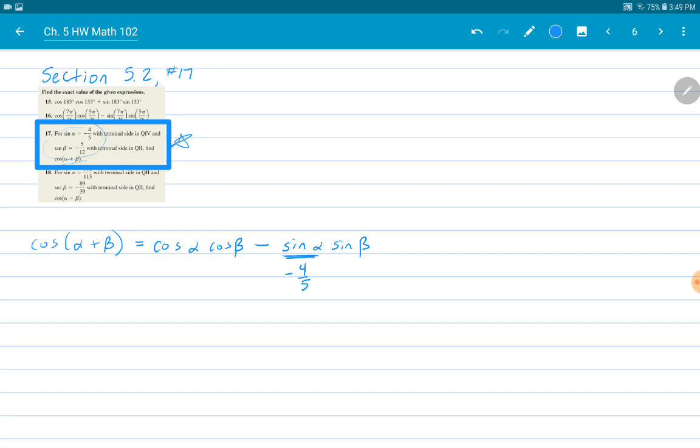So let's start with alpha. It says it's in quadrant 4, so that's a triangle that's oriented like so. So my y is negative 4 and my r is 5.